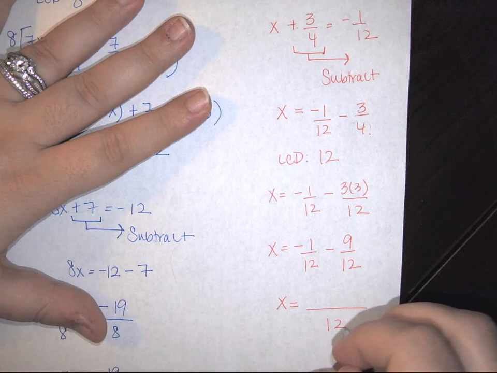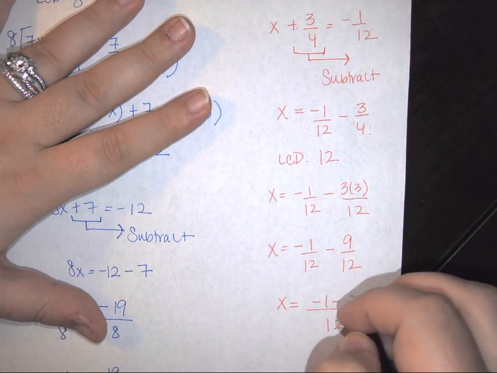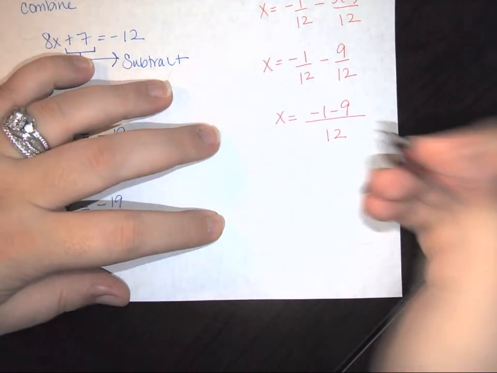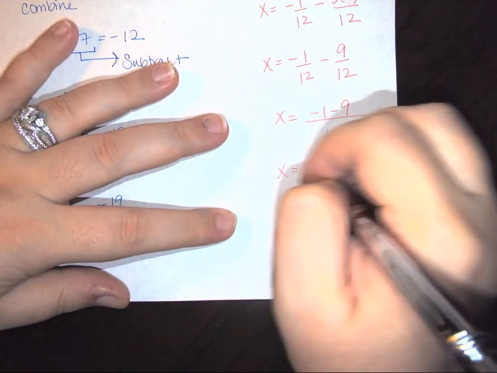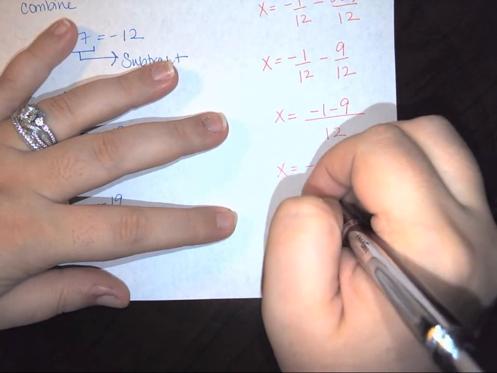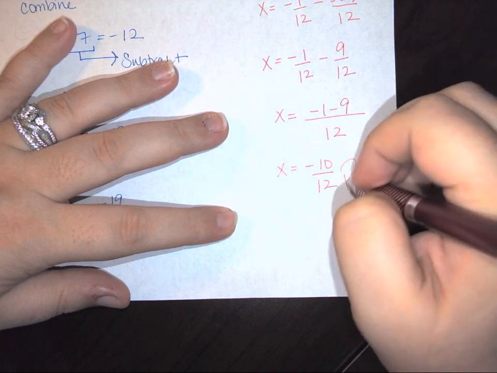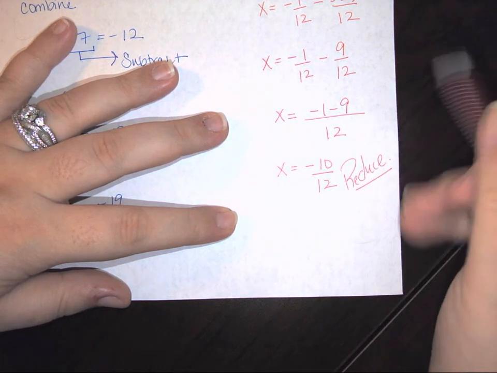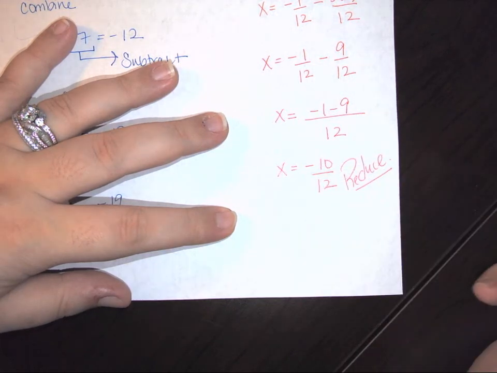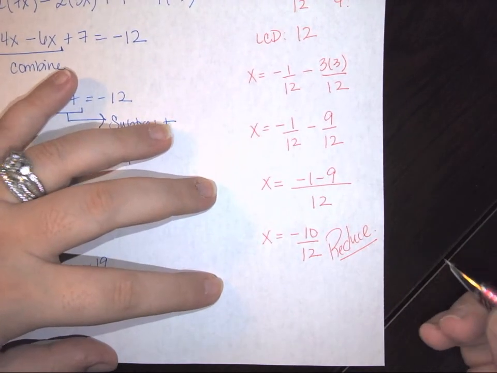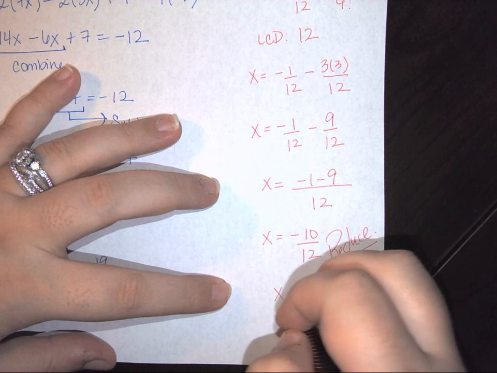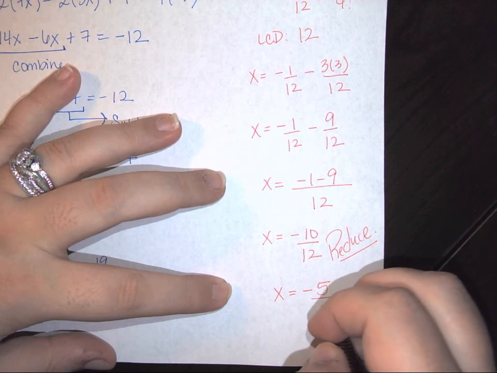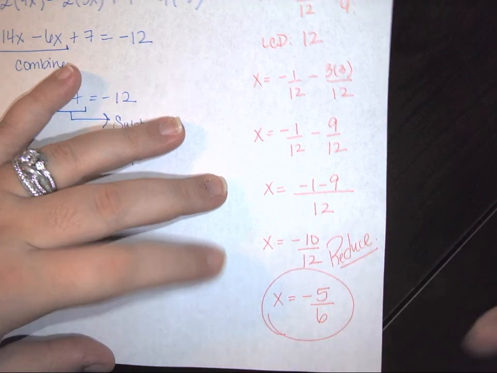So you've got 12 on the bottom, negative 1 minus 9. So negative 1 minus 9 is going to give you a negative 10/12, and then you need to remember you have to reduce. So when we're looking at 10/12, the easiest thing to do is divide out a 2. So when we do that, we find out that x is going to be negative 5/6, and that is everything you need.